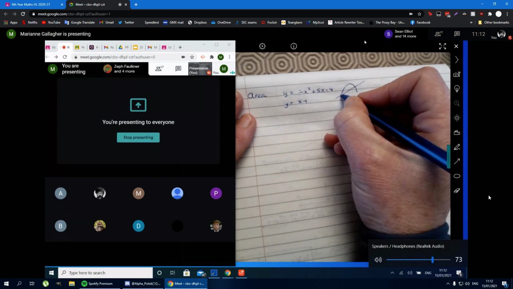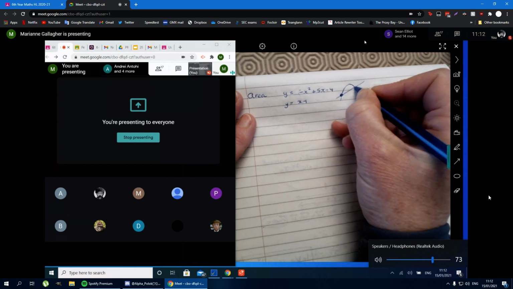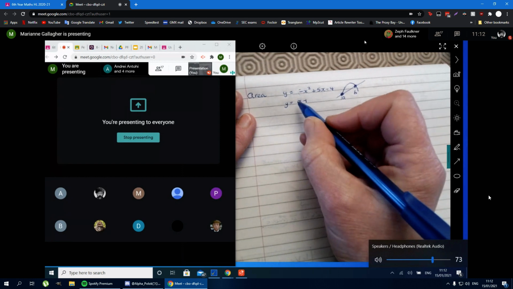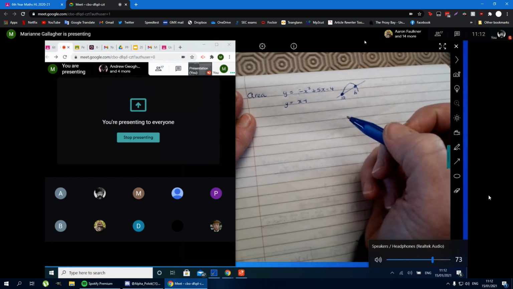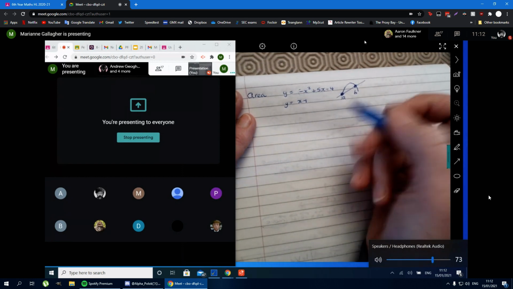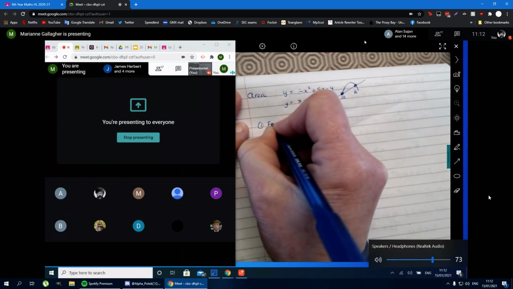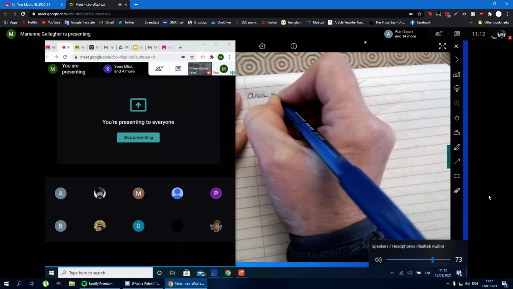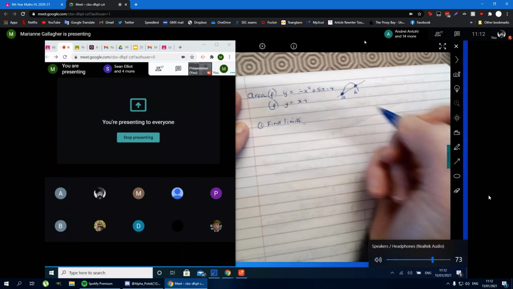So what we need to do is find here and here, and that's going to be our limits of integration. In other words, where does the line cross the parabola? So step one is find the limits. And if you like, this could be your f and this could be your g, okay?